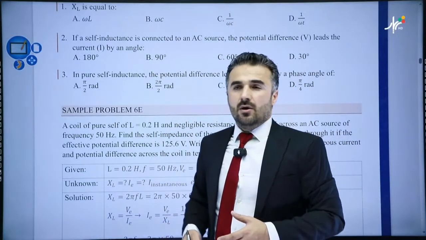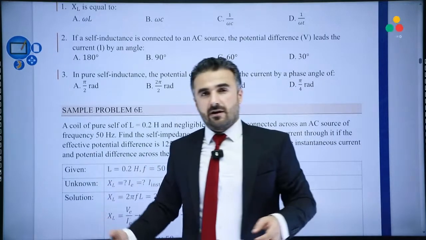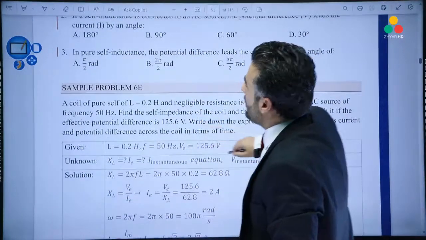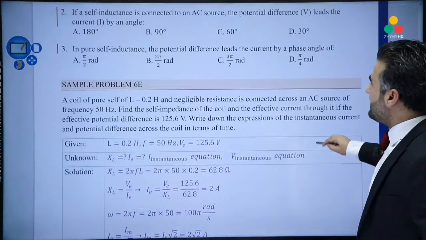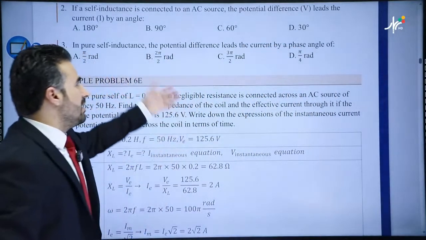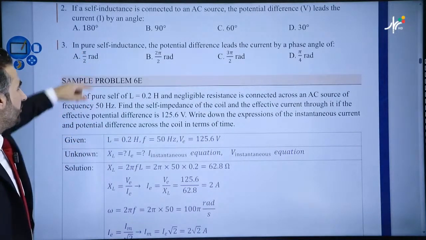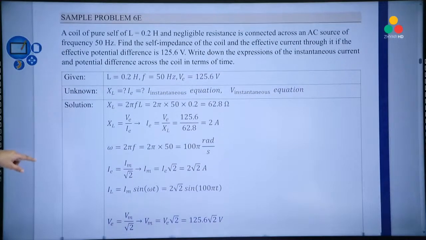We've said that when we have a self-inductance, the voltage leads the current by 90 degrees, which is going to be option B here. In a pure self-inductance, the potential difference leads the current by a phase angle of what? This time, the angle is given in radians, which is pi over 2 radian, which is 90 degrees again.